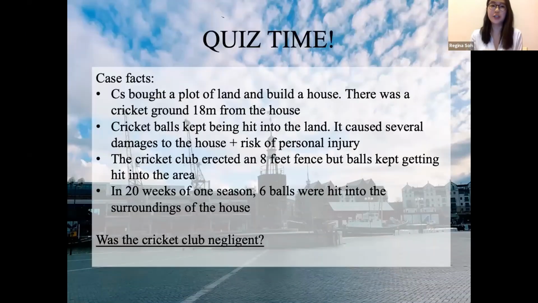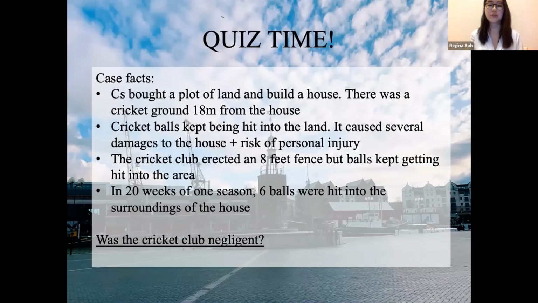Sorry, just forgot the name there. But basically, yes, the cricket club was actually, like you said, liable of being negligent in terms of letting cricket balls be hit out of the club and injuring people, because they did cause damages to the house and then obviously hit people.